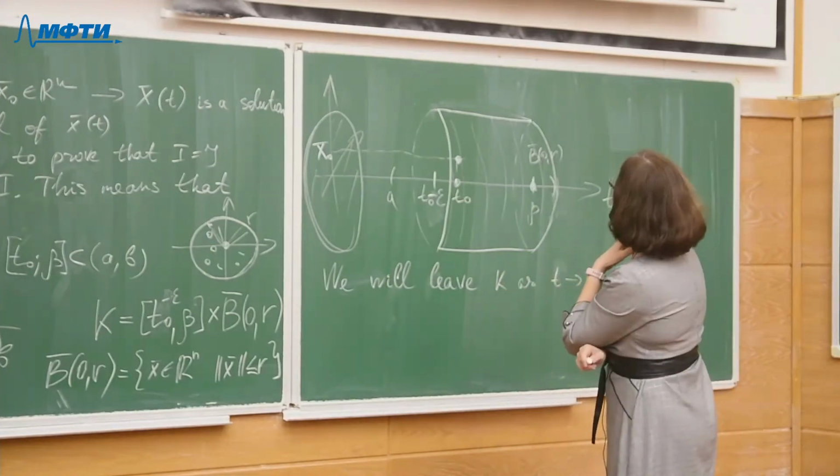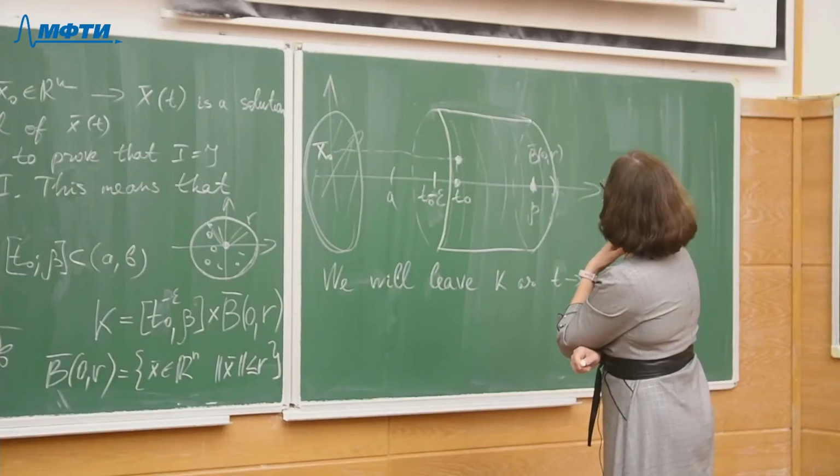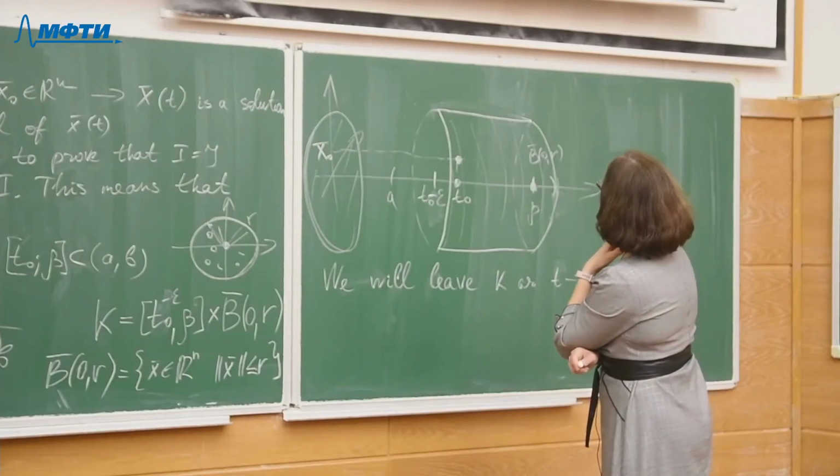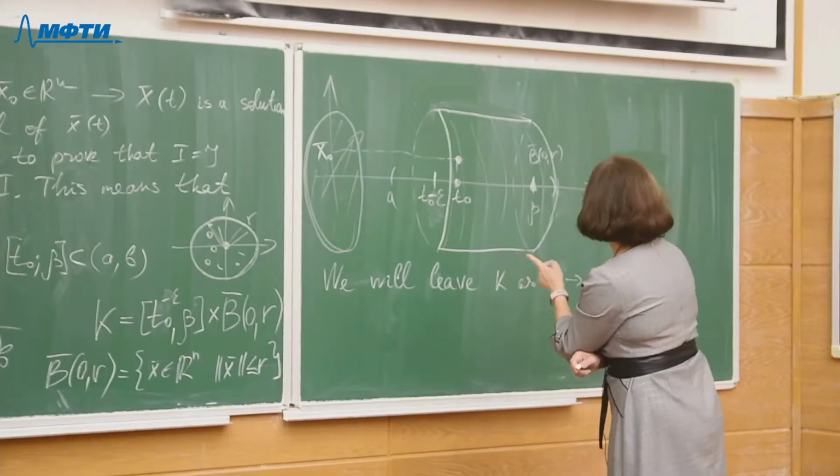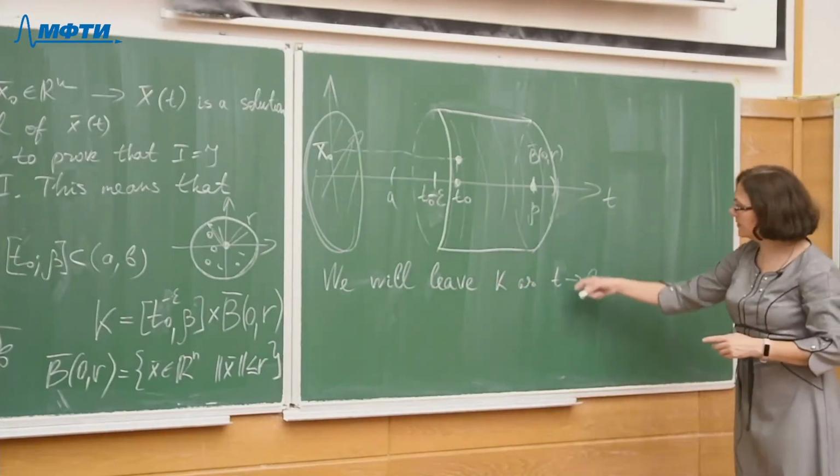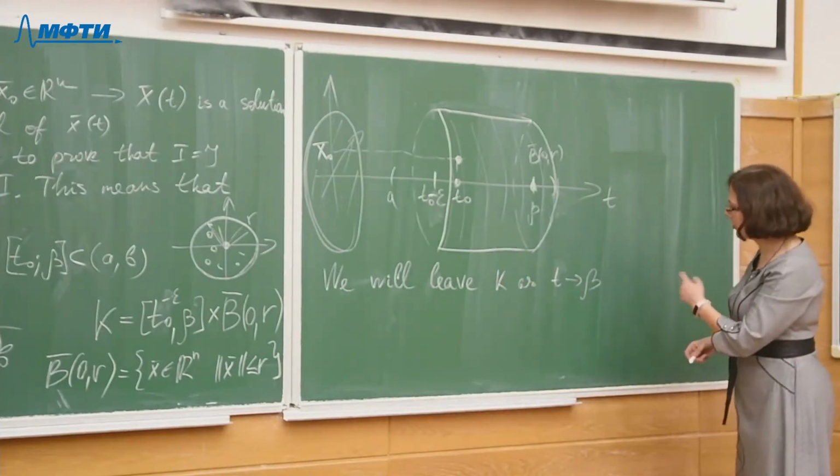So we must leave the cylinder as t approaches beta.